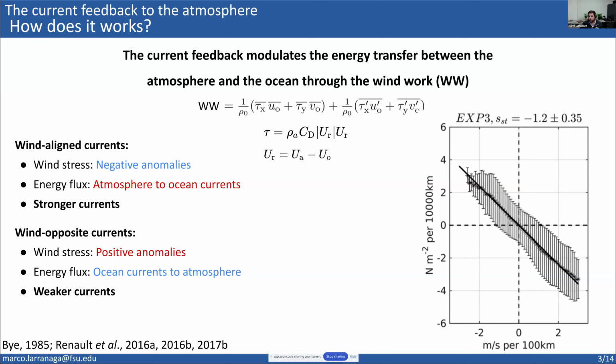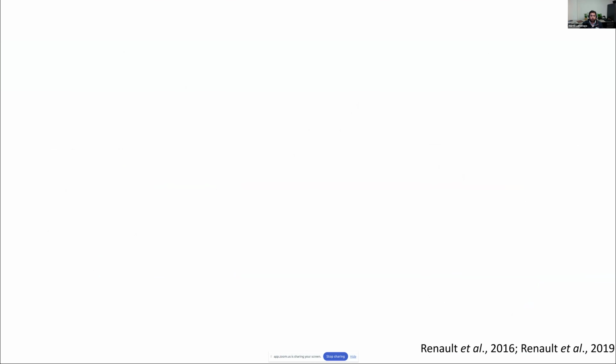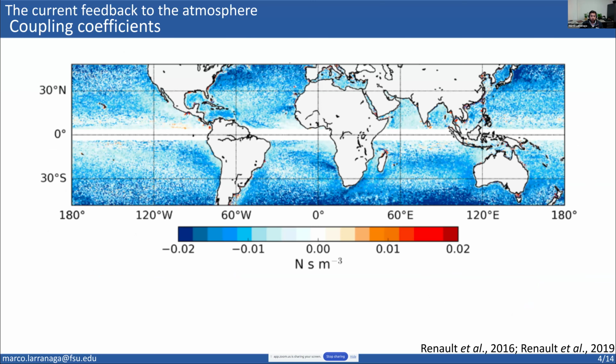The slope of the relationship gives us the coupling coefficient that reflects the strength of the current feedback. If we make maps of that, we see that the current feedback is important everywhere, but it's most important in regions with a lot of mesoscale, like the Gulf Stream, the Kuroshio, and the Agulhas.